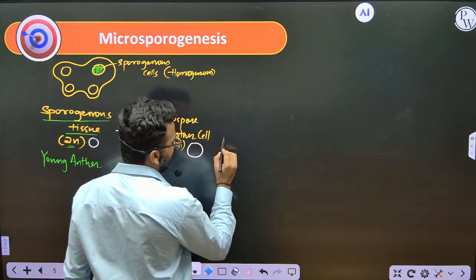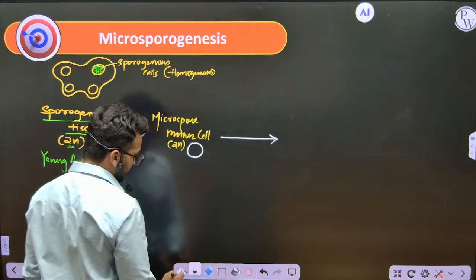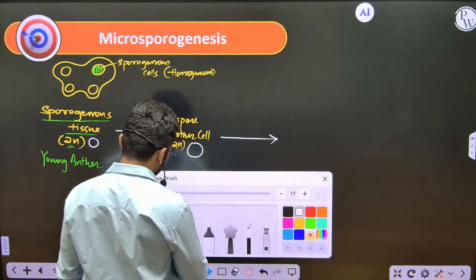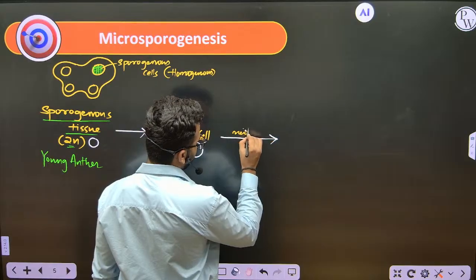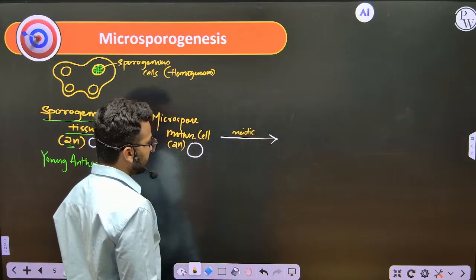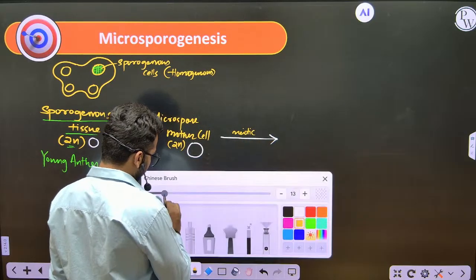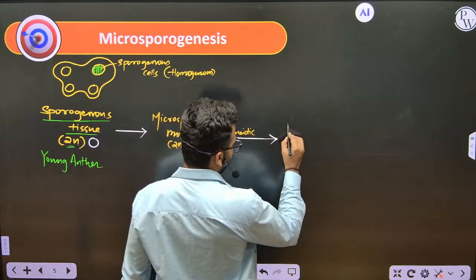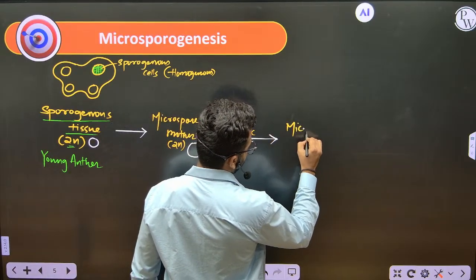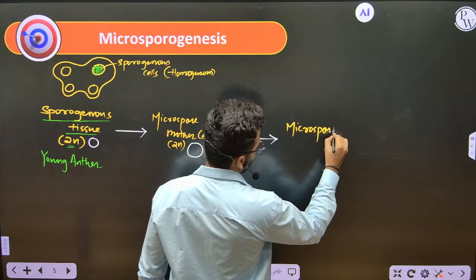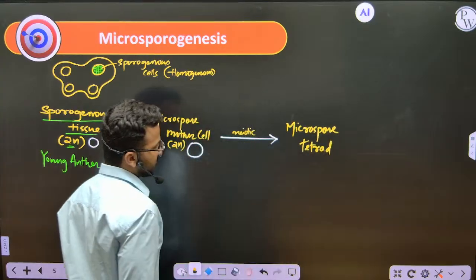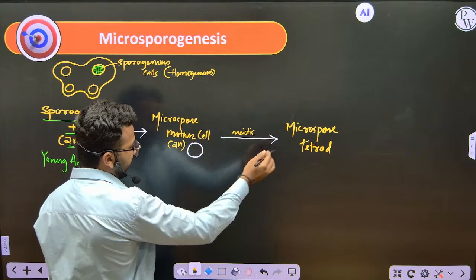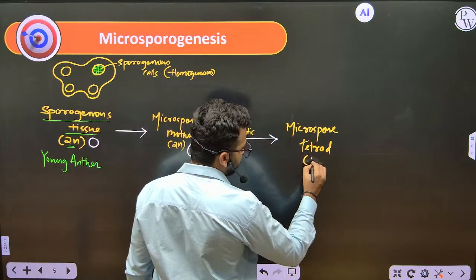This microspore mother cell undergoes meiotic division, or meiosis, to form a microspore tetrad. This microspore tetrad is in a haploid condition.